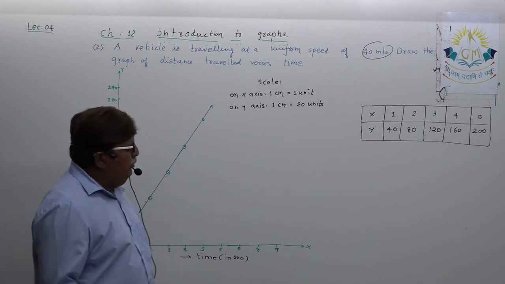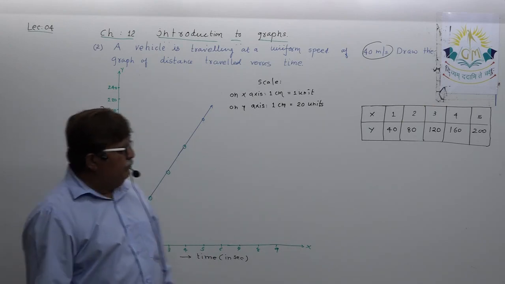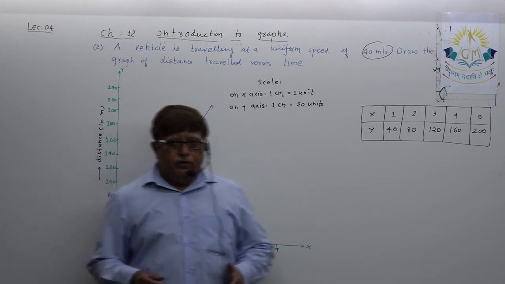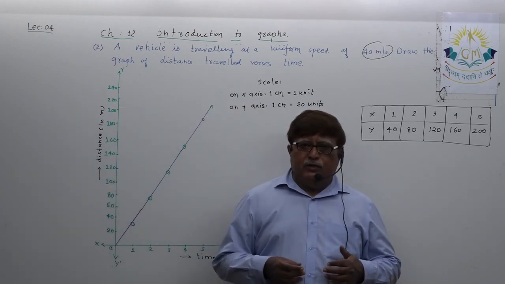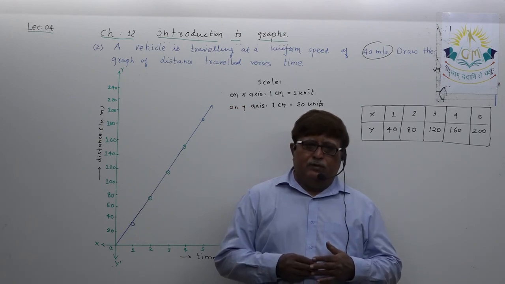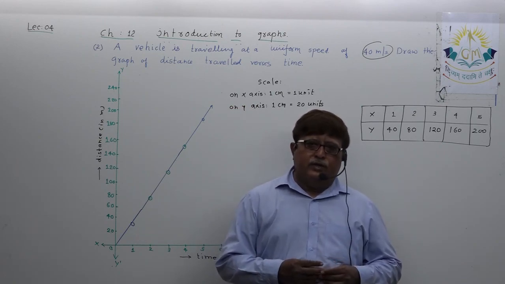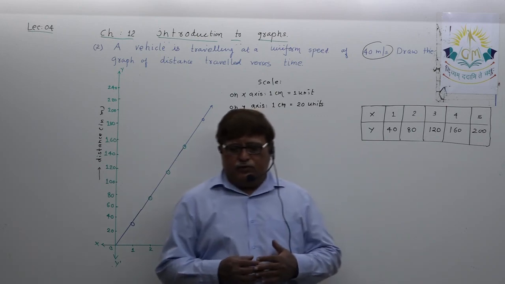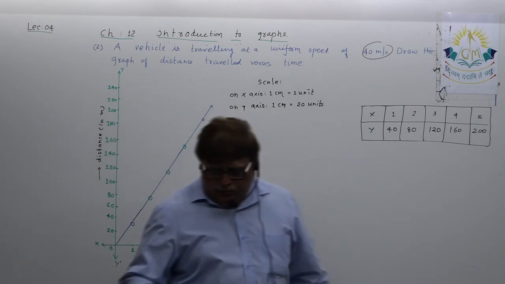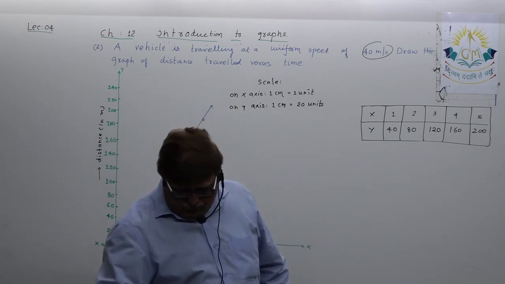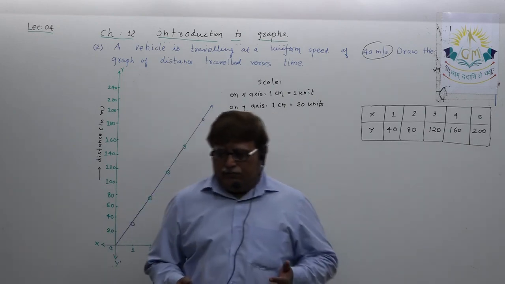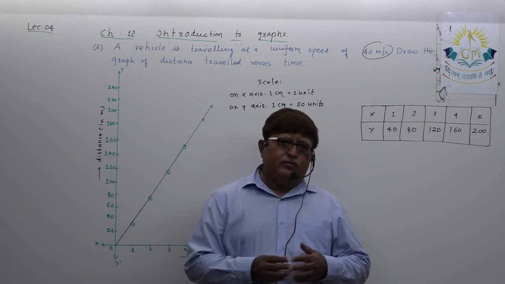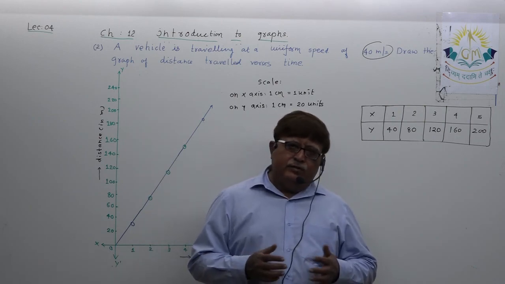So dear student, on the topic of graph, we still have left some graphs, understand, which are a little different type, that we are also going to practice in the next lecture. Understand? Now dear student, one more thing. After we complete graph, there are a few questions in your textbook regarding reading the graph.